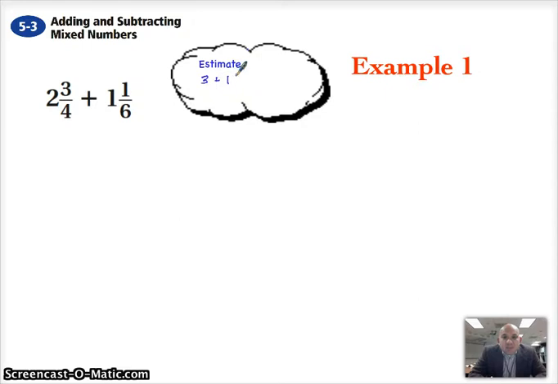So we're going to add 3 and 1, which is 4. So obviously our answer to this particular sum will be around the number 4.